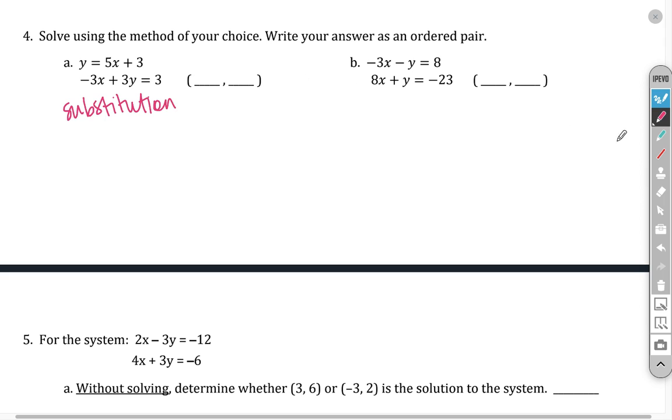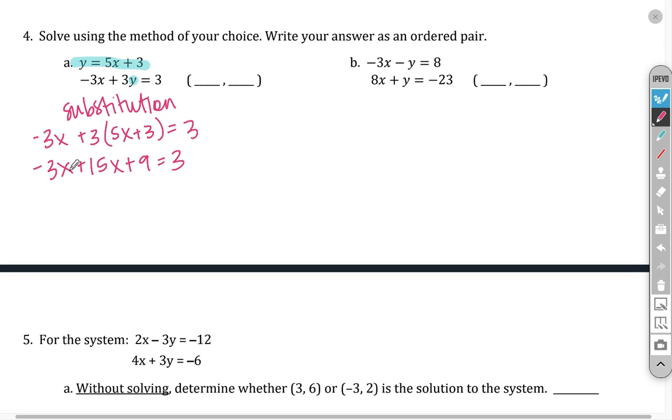Meaning I'm going to take this y equals 5x plus 3 and plug it in for y. Right? So I'm going to have negative 3x plus 3 times (5x plus 3) equals 3. So I get negative 3x and distribute this 3. So I'm going to have plus 15x, and then 3 times 3 is plus 9 equals 3.